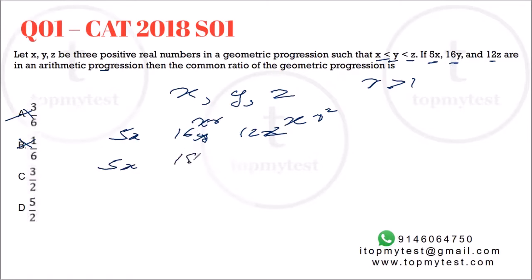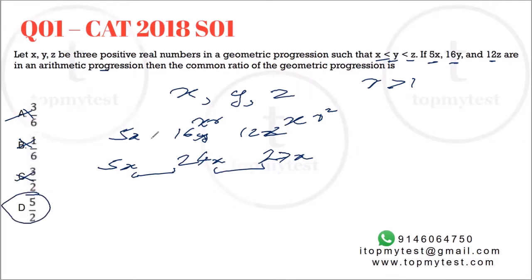So 16 divided by 2 is 8, 8 into 3 is 24x. And in this case, it will be 12 into x into r square. r square will be 9 by 4. 12 divided by 4 is 3, 3 into 9 is 27x. Obviously, this is not in arithmetic progression, because the difference is not the same. So C is out, which leaves D as your correct answer.